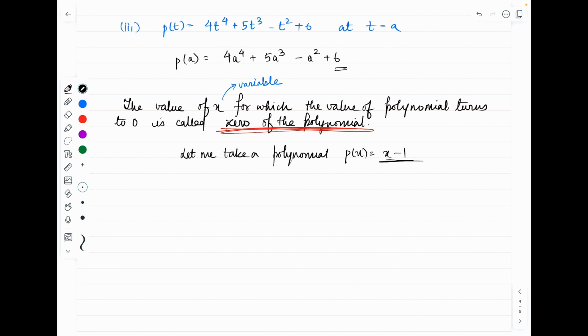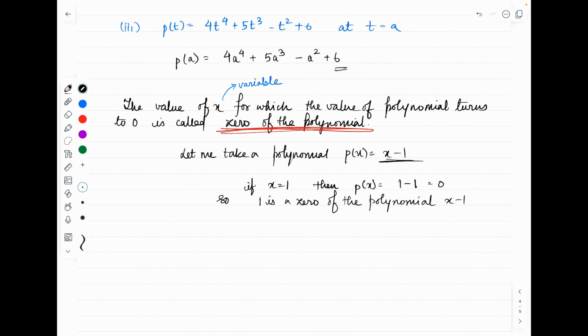From here you can see if x equals 1, then p of x equals 1 minus 1, which is 0. So 1 is a zero of the polynomial. 1 is called the zero of the polynomial x minus 1.